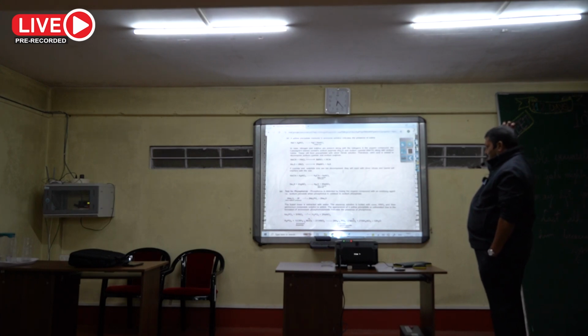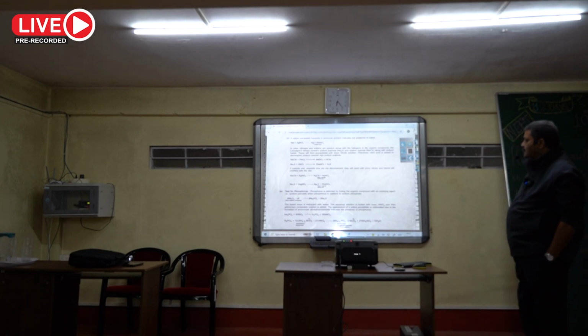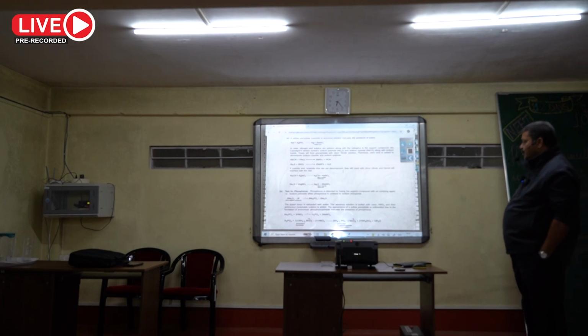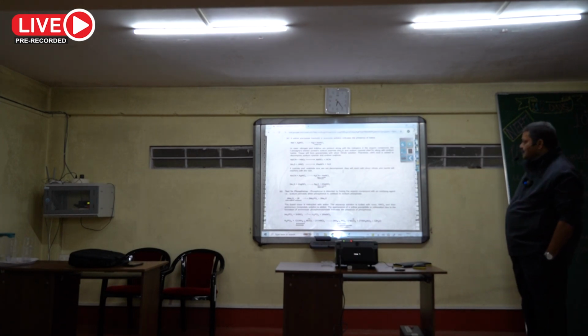If N and S are present along with halogens, the Lassaigne's extract contains both Na2S and NaCN.